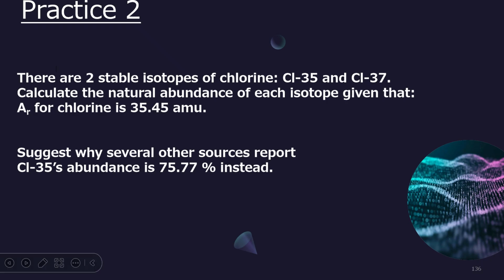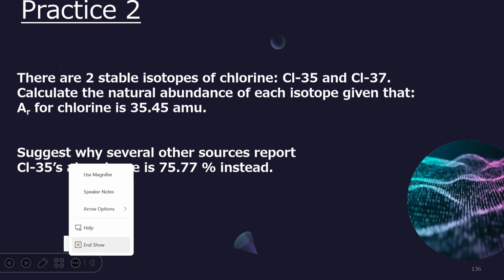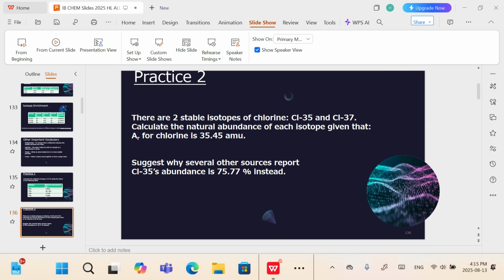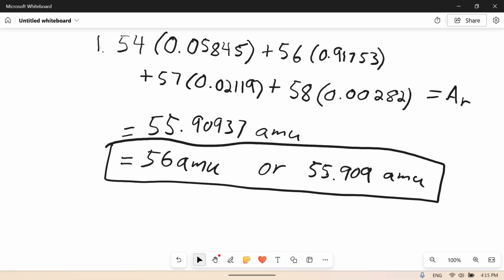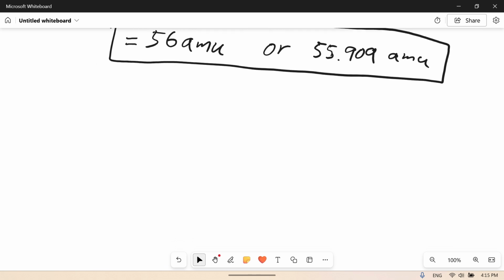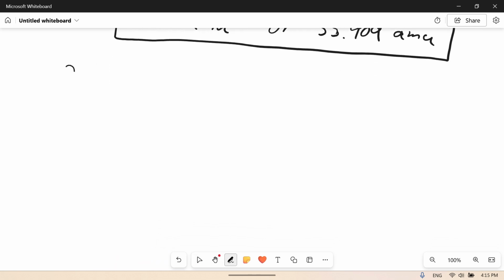All right, let's go to the whiteboard again. This one is going to be one of the reverse calculations. So instead, we start with AR. It's 35.45.